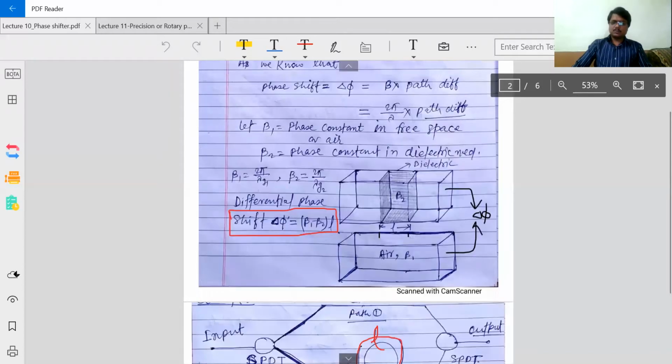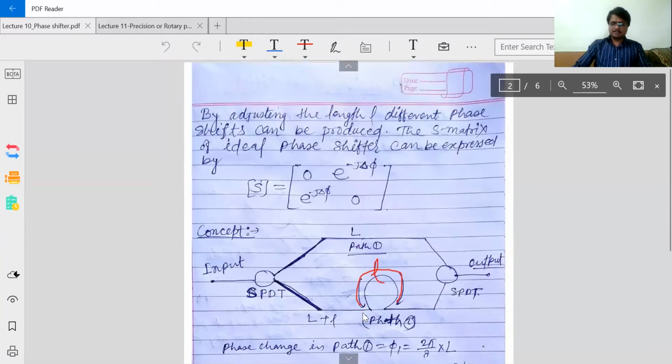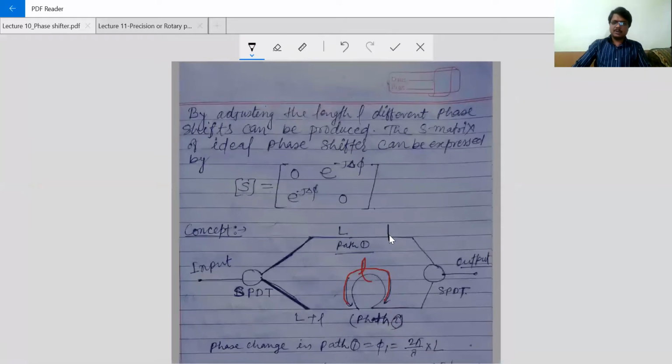In the next case, as we discussed earlier, the medium is the same: here it is air medium, here it is also air medium. So the phase constant in this path is beta and the phase constant in this path is also beta.